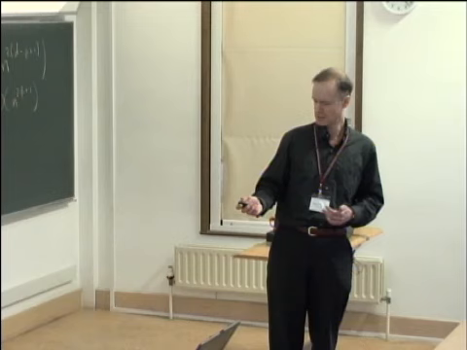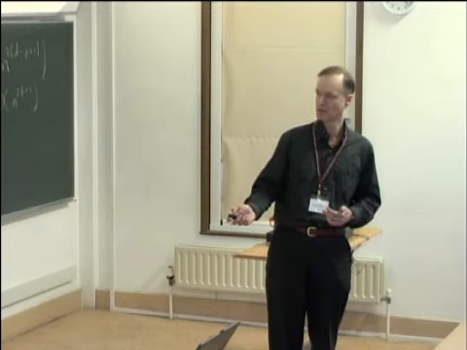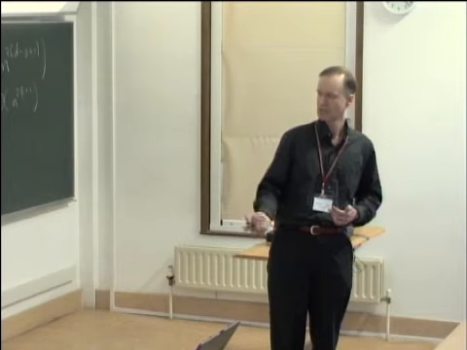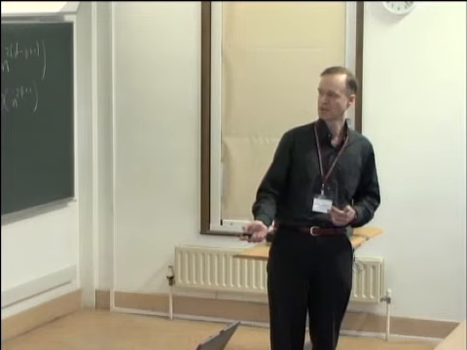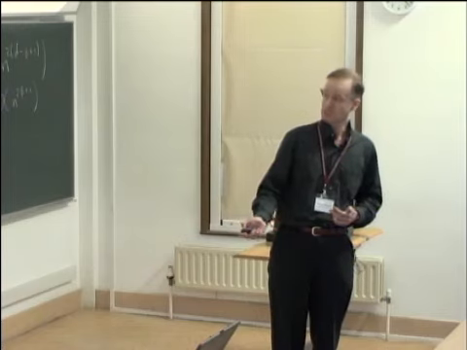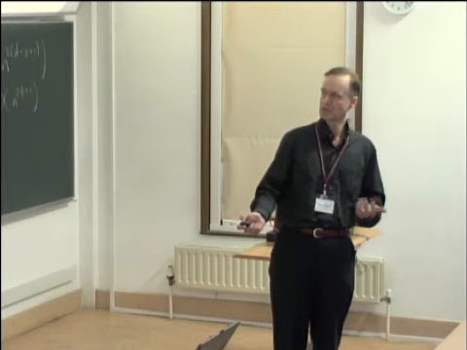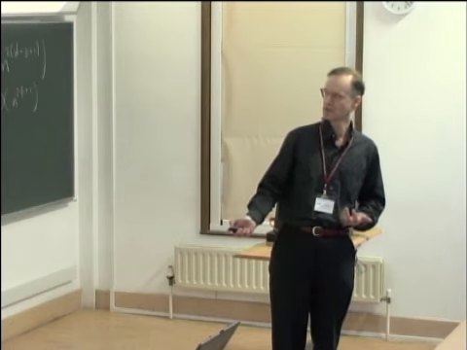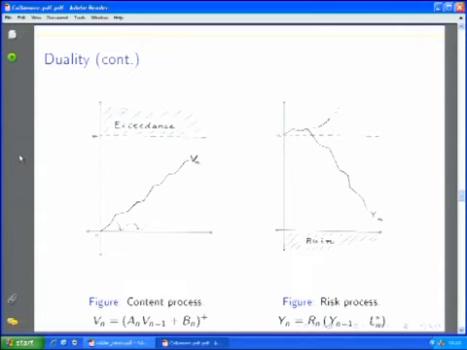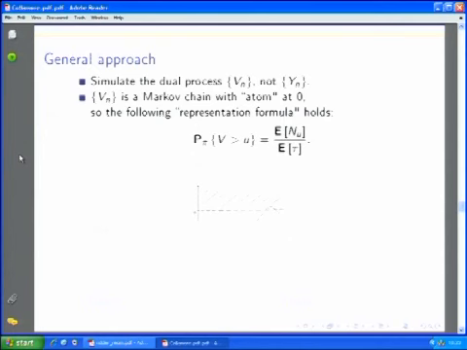In both cases, the processes are Markov chains, but in the case of the content process, the random variable A is related to the random variable R sub n by being an inverse of it. And that means that V sub n is recurrent. It recurs to 0. It has an atom at 0. Therefore, we can study the exceedance probabilities by studying cycles of the Markov chain which return to 0.